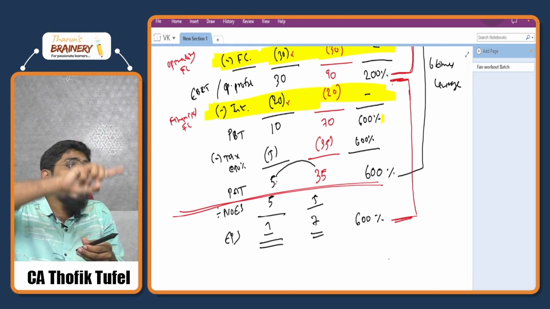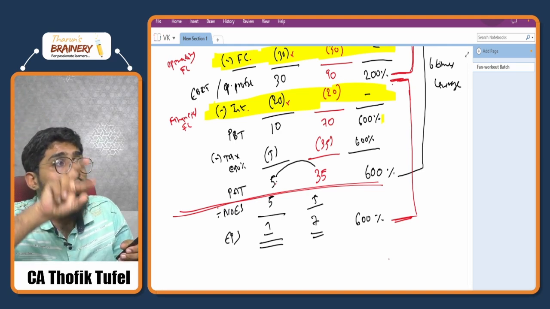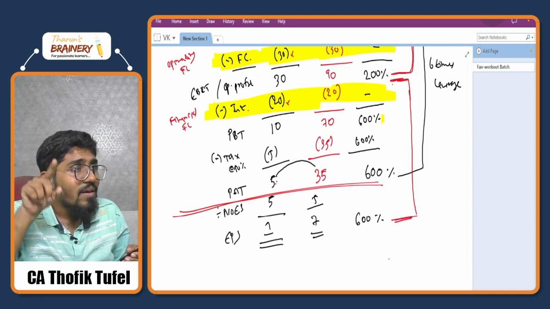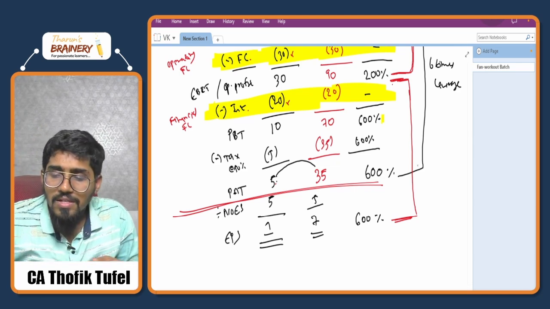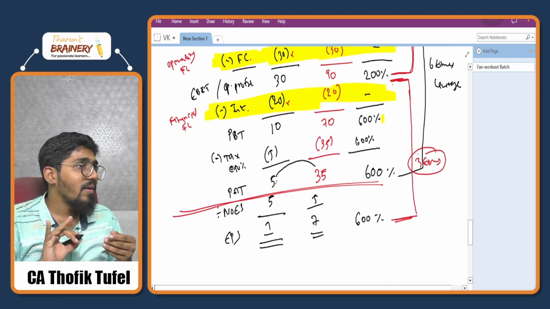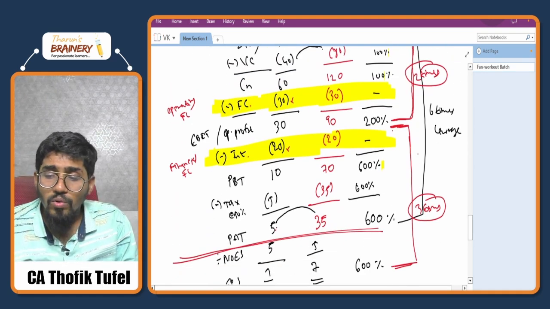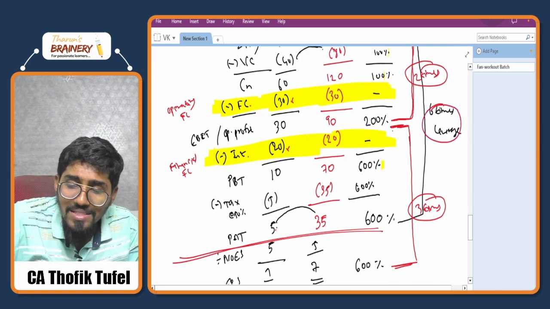Which means 1 time change in profit has a 3 times change in EPS, so 2 times change in profit has a 6 times change in EPS. Is the clarity there? Yes. So you found out 3 leverages: one is 2 times, one is 3 times, and one is 6 times.